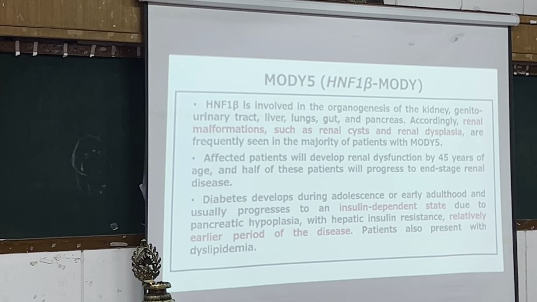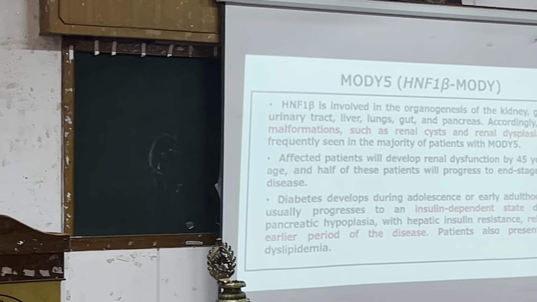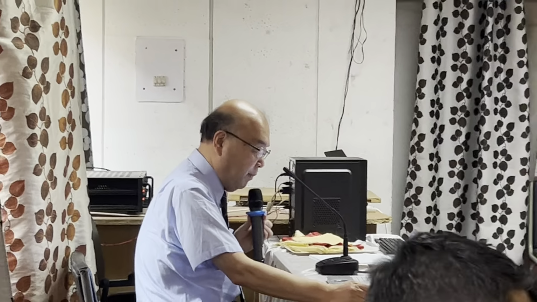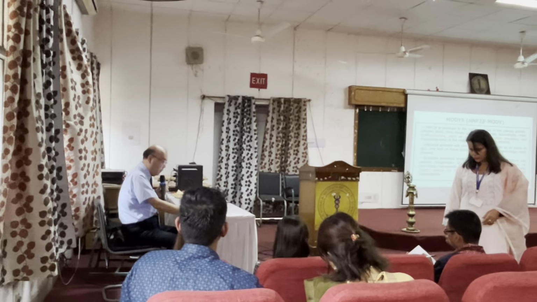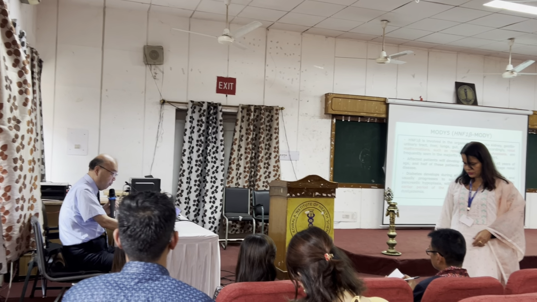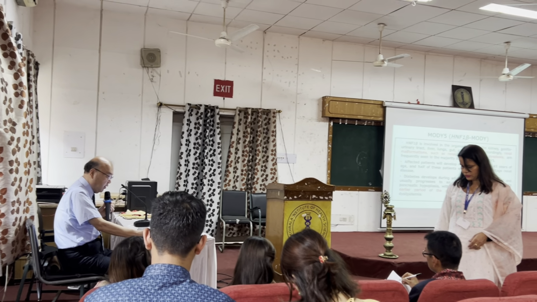Affected patients will develop renal dysfunction by 45 years of age, and half of these patients will progress to end-stage renal disease. Diabetes develops during adolescence or early adulthood, and usually progresses to an insulin-dependent state at a relatively early period of the disease. Patients also present with dyslipidemia.